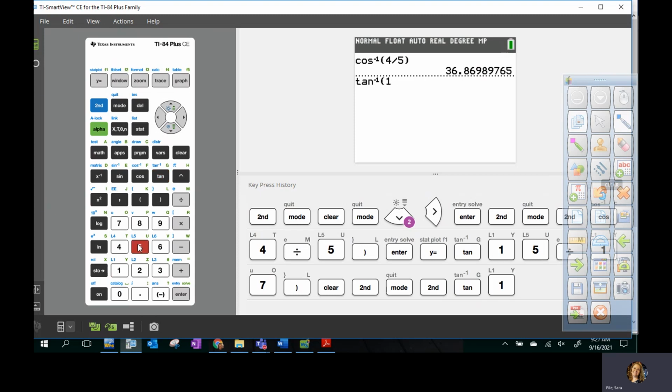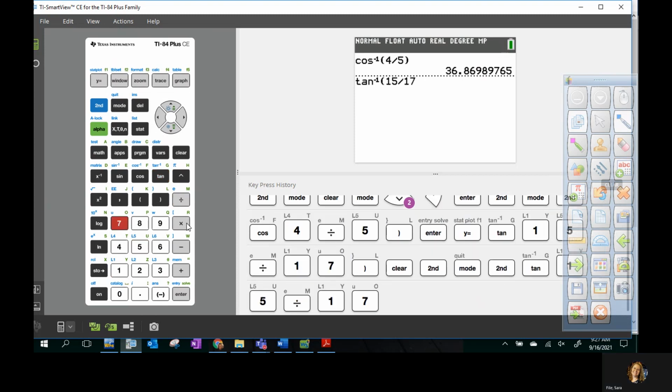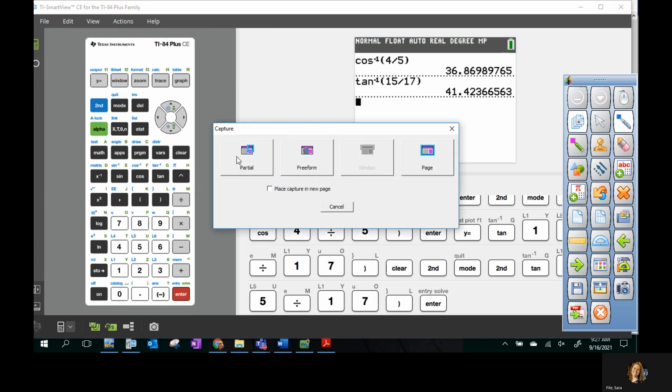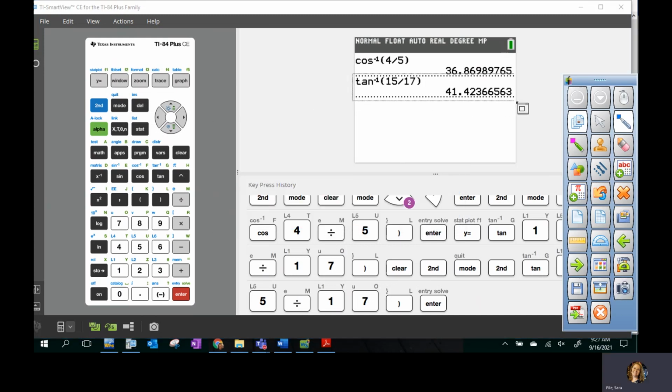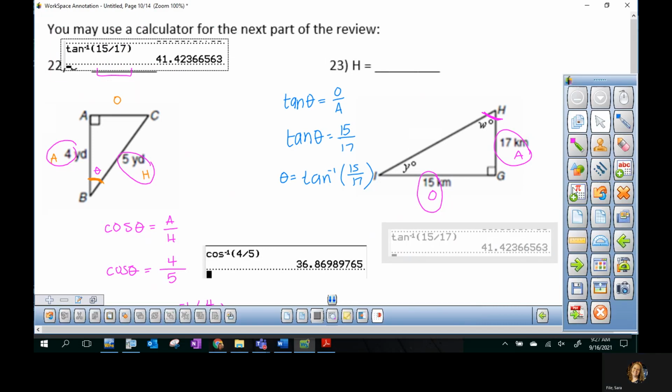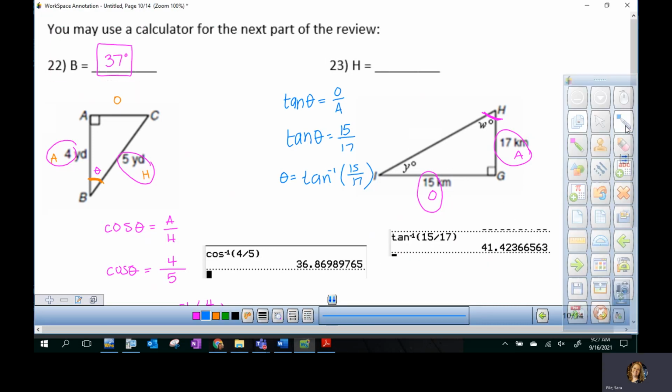Inverse tangent of 15 over 17. If we're rounding to the nearest degree, what is that? 41 degrees. Good. So when it's the angle that's missing, we do inverse trig. Everybody's good?